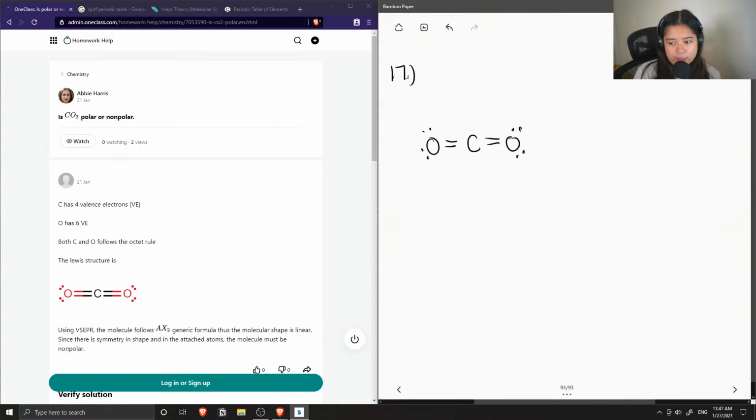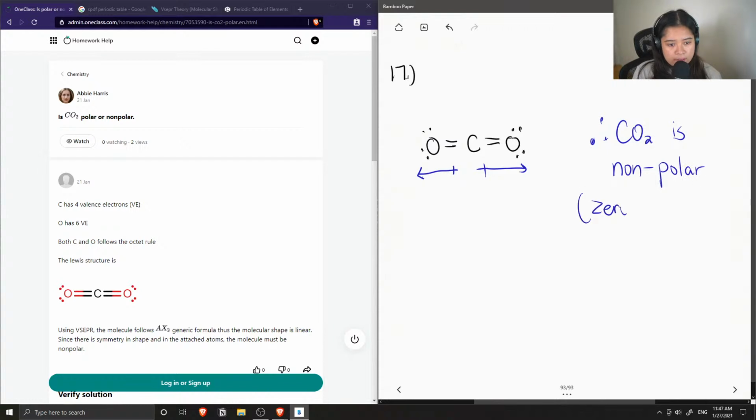So we know that oxygen is much more electronegative, so we're going to have dipole moments pulling in the direction of the oxygens, but you can see that they cancel each other out. So therefore, CO2 is nonpolar. And it has 0 dipole moment, or net dipole moment.